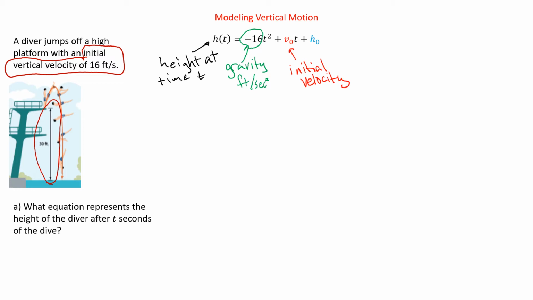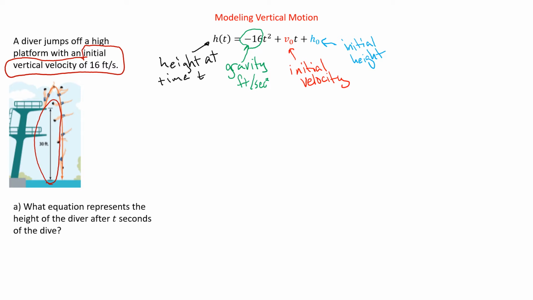And so this h0 or h naught is going to be the initial height. So that's, again, just the starting value. So all we need to make an equation for vertical motion is the initial velocity or the starting velocity and the initial height. So coming back to our problem, we have the initial velocity and we have the initial height.